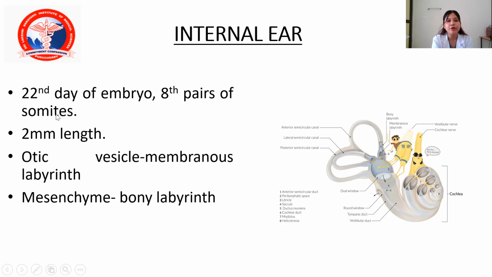So when the embryo is at 22 days of age and is composed of 8 pairs of somites, 2 primordia, that means the structures from which the internal ear is going to develop, appear.